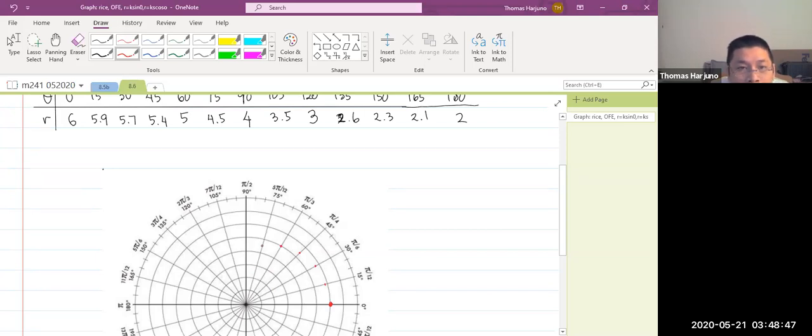At 75 degrees, 4.5. At 90 degrees, 4. At 105, 3.5. At 135, 2.6, a bit more than 2.5. At 150, 2.3, a bit less than 2.5. And 165 degrees is 2.1, and then 2.